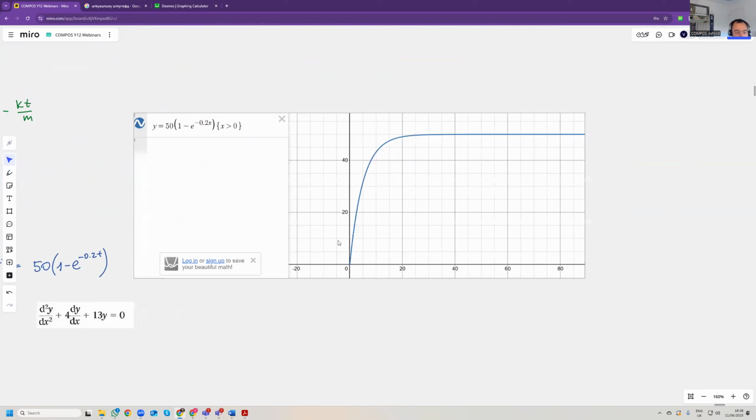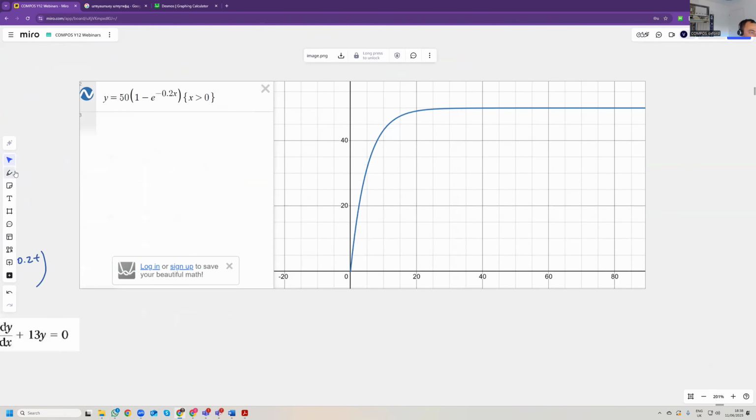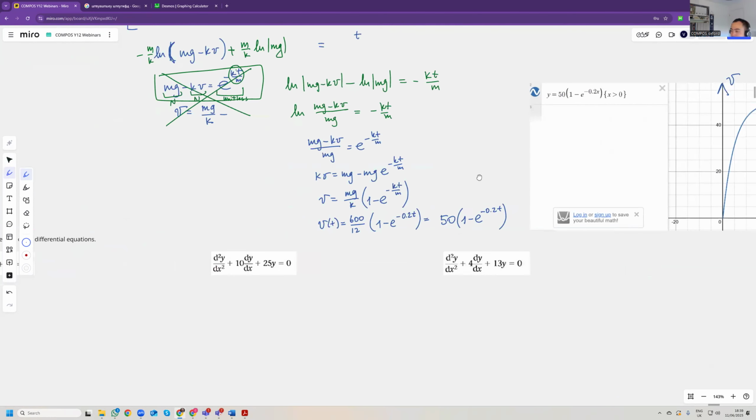So we can see that this is the velocity of the skydiver, and this is the time in seconds. So it takes the skydiver approximately 30 seconds to reach terminal velocity, which is a reasonable thing. All right.